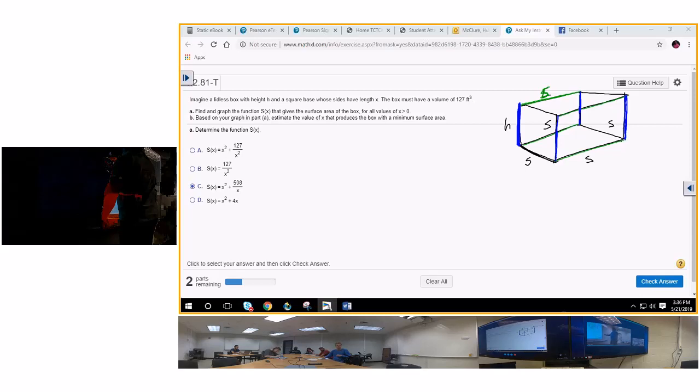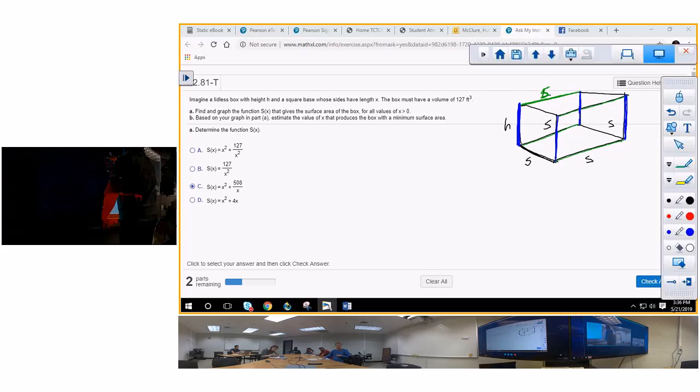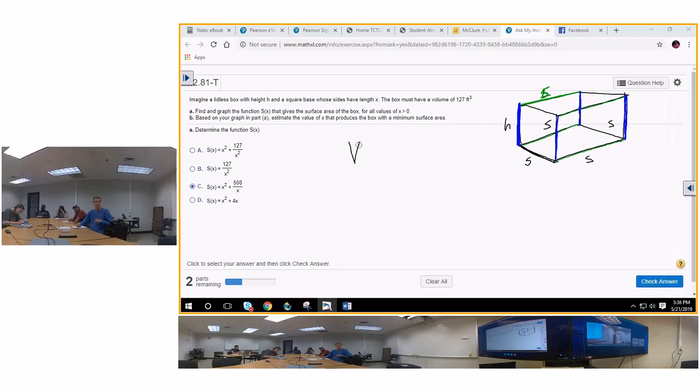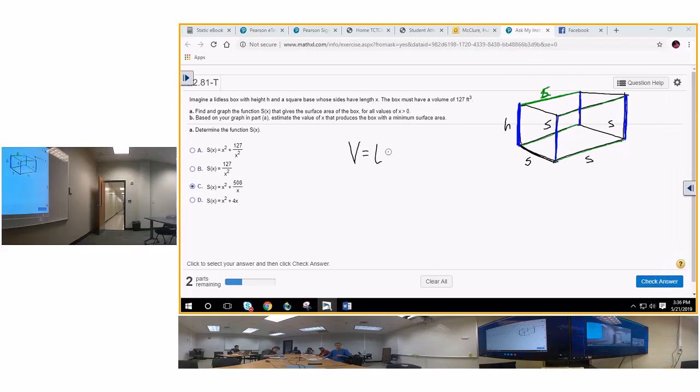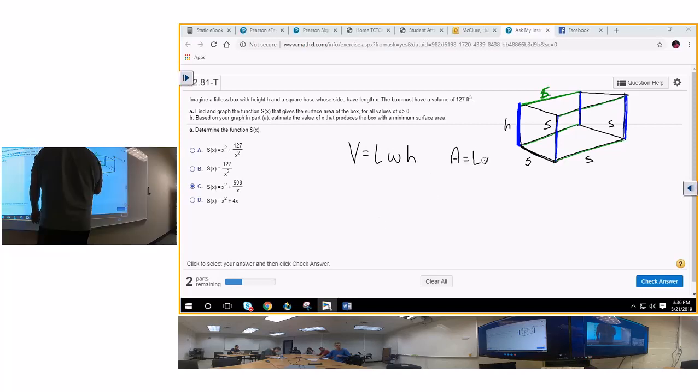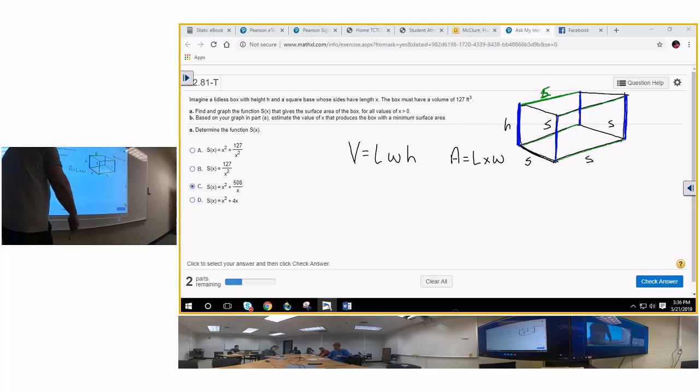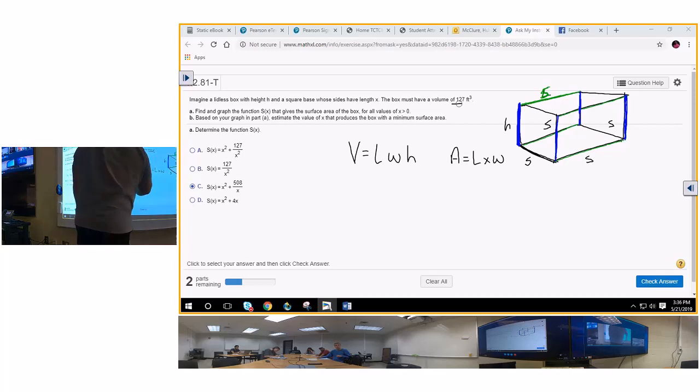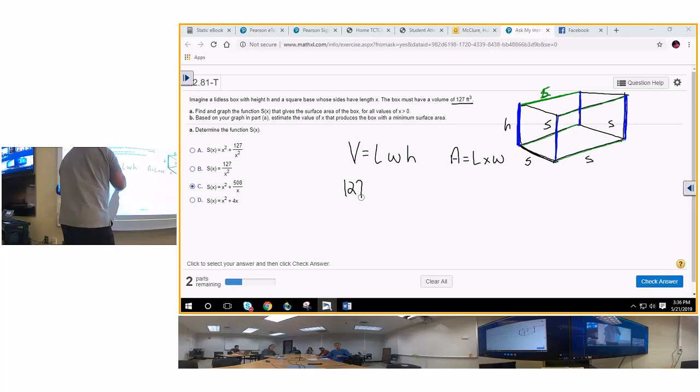So basically, what is volume? Length times width times what? And what is area? Okay. So we know that the 127 goes right here. And we know that the length and the width is the same, right?